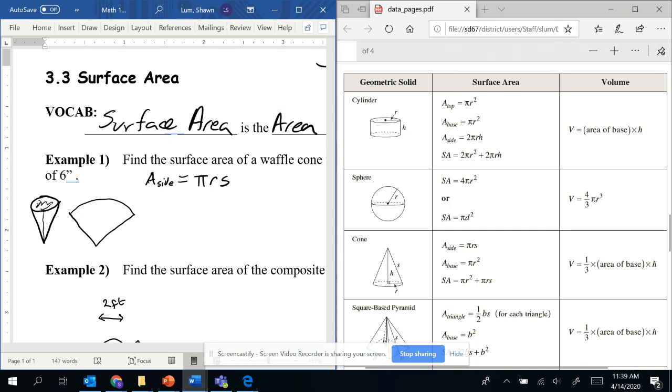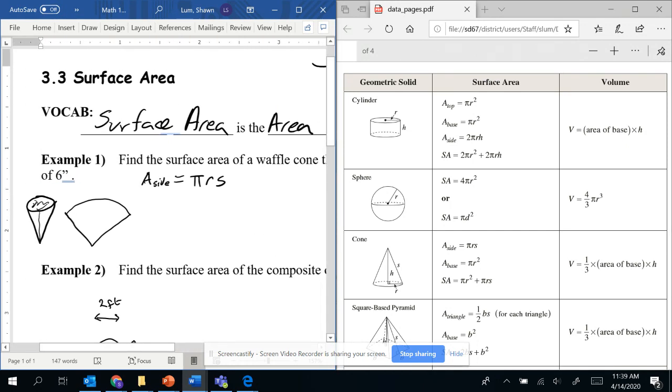Okay, so say if we want to know how much surface area we have to dip in chocolate, and we're only going to be dipping the outside of the cone in chocolate, well, that's kind of what we want to know. So we're going to answer it in that way, and then I'll come back to that a little bit later. So the area of the side equals pi, which is 3.14. And if you have a scientific calculator, you should have a pi button.